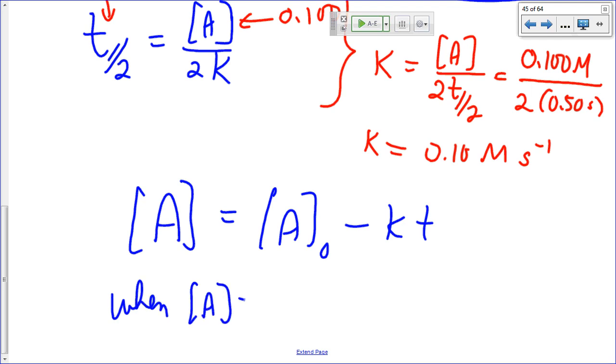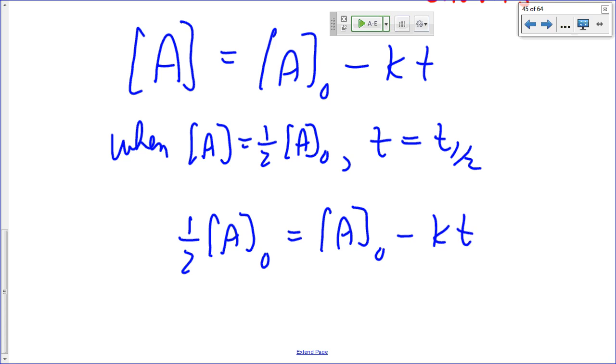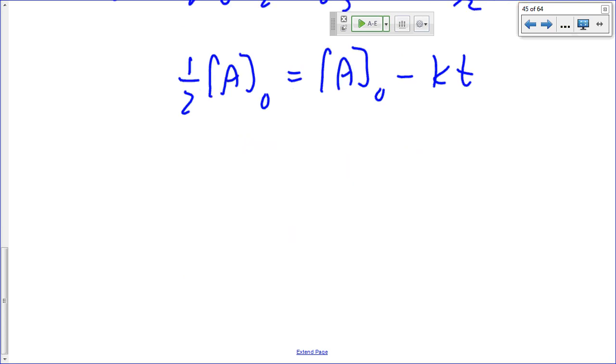When a is equal to half of a naught, then my t is equal to my half-life. So you can say 1/2 a naught equals a naught minus kt. Okay, and you can see where that formula for the half-life comes from.